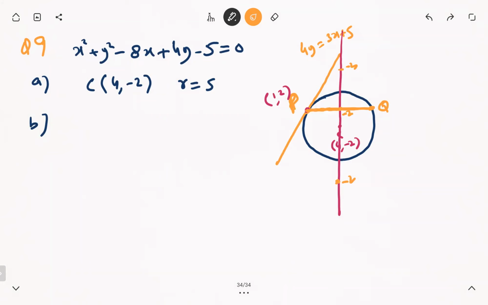The y coordinate of P is 2. Here the y coordinate is -2. So there is a jump of 4 unit. In fact, 4 unit back. 2 minus 4 is -2. So -2 minus 4 will give you -6.